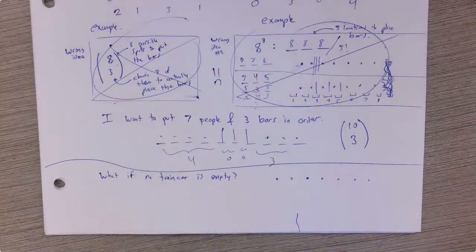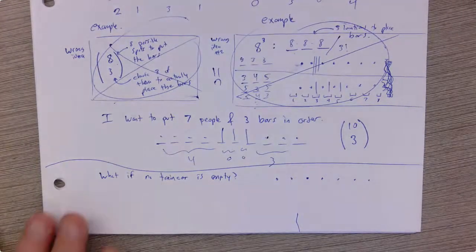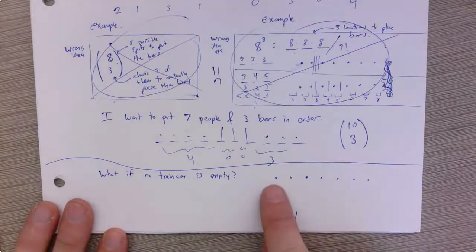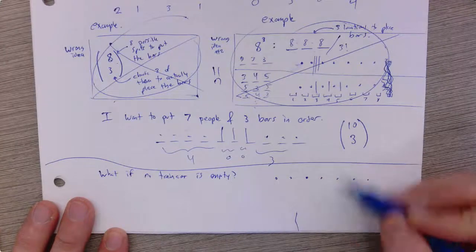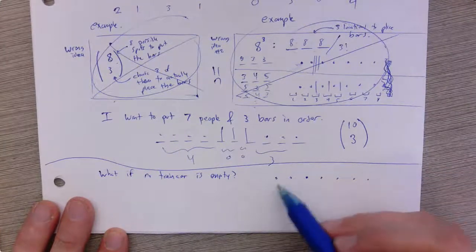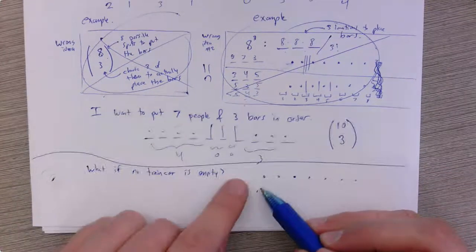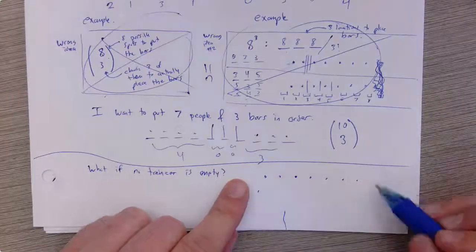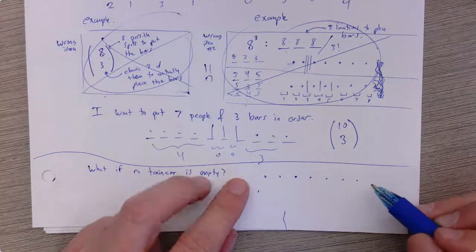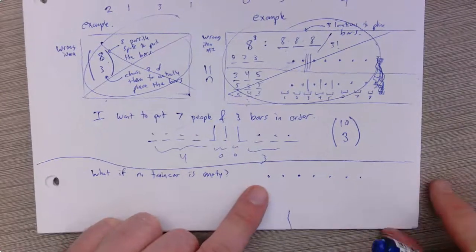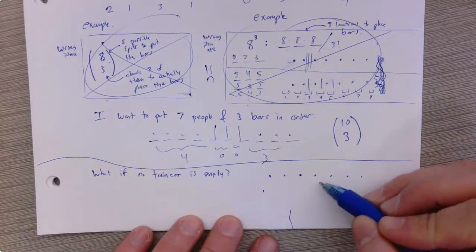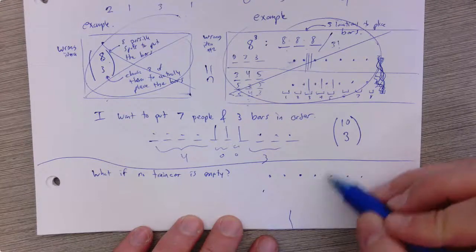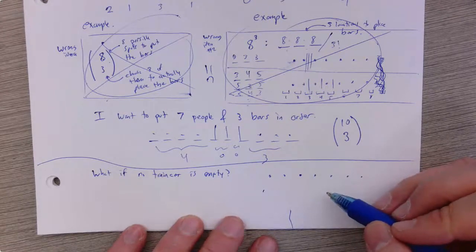The situation where no train car can be empty is actually a lot easier. Again, imagine we've got the 7 people, only now, when I put down the bars, I can't put a bar to the left of the first person, because that would make the first train car have 0 people. I can't put a bar to the right of the last person, because that would make the last train car have 0 people. And I can't put 2 bars between 2 people, because that would make one of the middle train cars have 0 people.